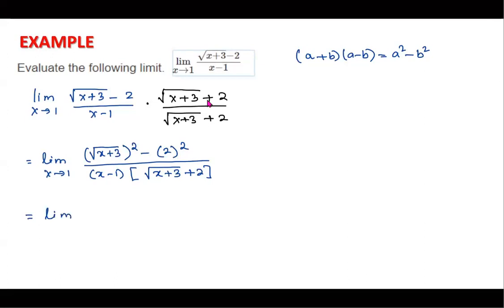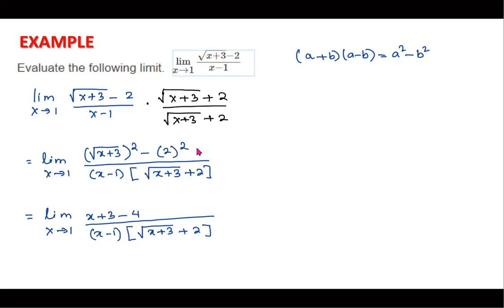Now, let's try to simplify and see what we get. Remember, our ultimate goal is to cancel this x minus 1, which is making the denominator 0. So in the numerator, square and square root cancel. You get x plus 3, and then minus 2 squared is 4. I will keep the denominator as it is, x minus 1 multiplied with the quantity square root of x plus 3 plus 2.